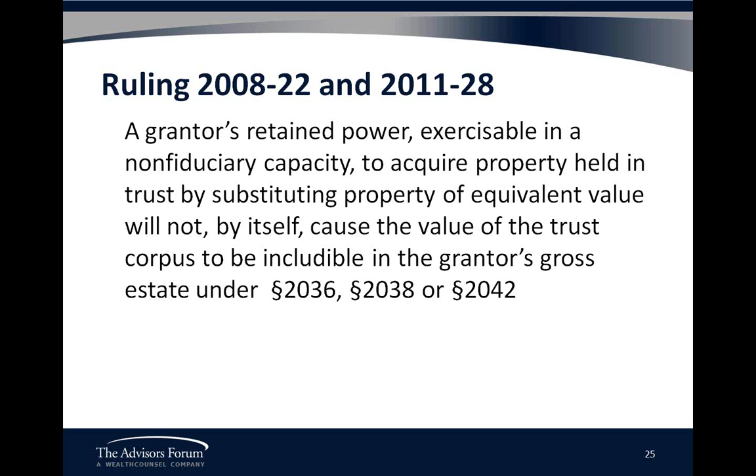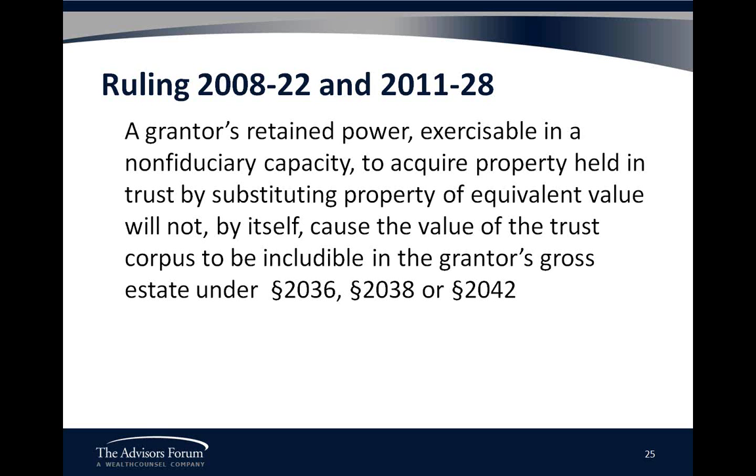So, I saw some language in a lot of form book trusts where it would say, grantor has the power to reacquire property, parenthetical, except insurance policies owned by the trust, close parentheses, blah, blah, blah.